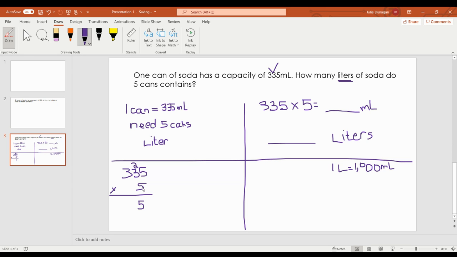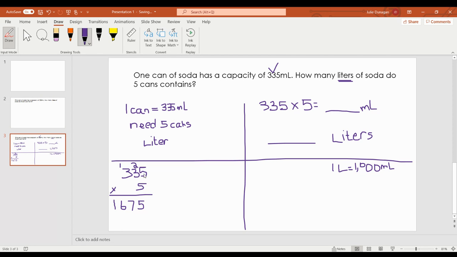Oops, sorry. 5 times 3 is 15, plus 2 more gives us 17. Okay, so we're going to write down our 7, regroup our 1. 5 times 3, again, is 15, plus 1 more gives us 16. So we're going to write that, 16.